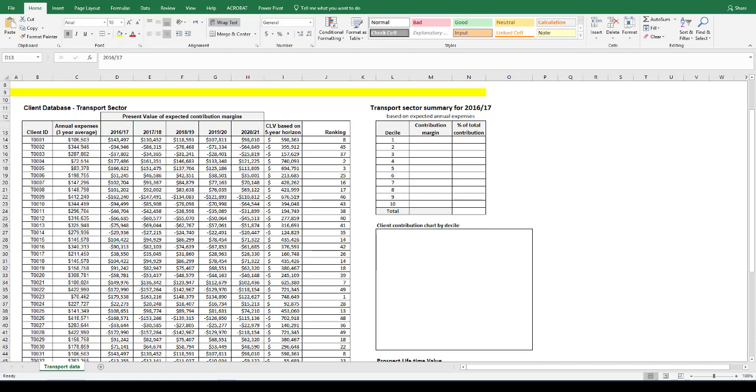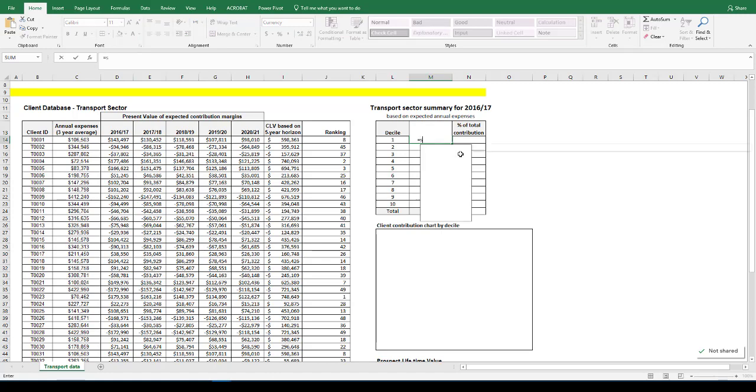So let's do it together. I want to use SUMIF. So let's do it here. Sum if the contribution margin, but if the ranking of the client is from 1 to 5.